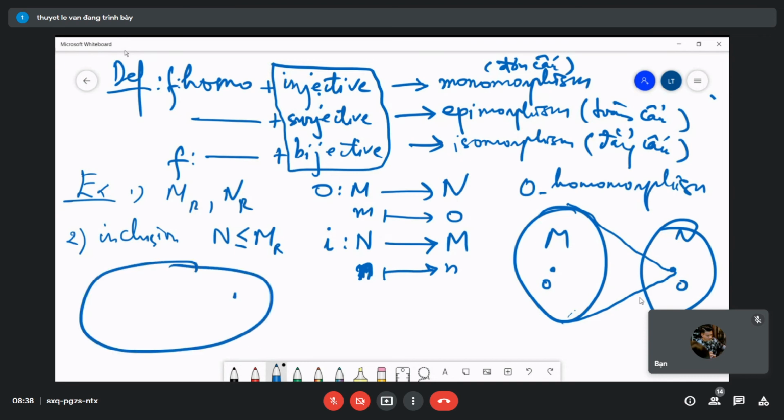You can draw that M is here, and then N here, and 0 is here. Then you have the inclusion of N into M. Inclusion here means that N here is also sent to N. So N is included in M. Okay, N is a submodule of M. We say that it is the inclusion.